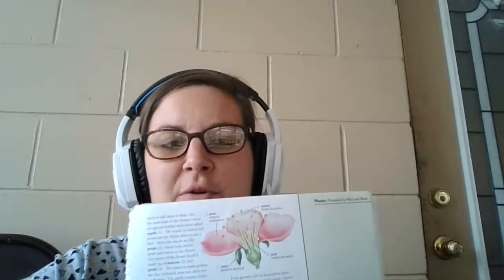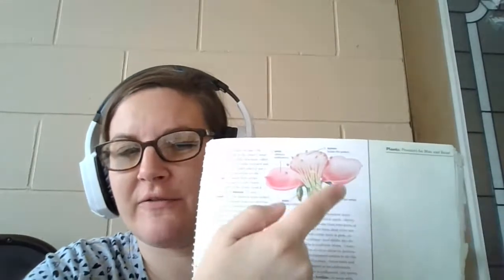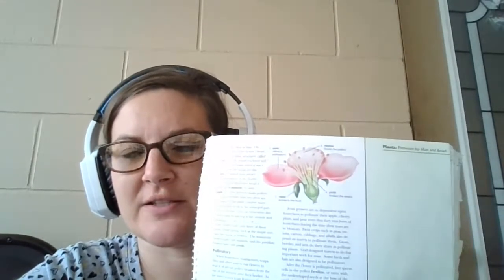The first thing we want to review is in your science book on page 53. You need to know the parts of the flower. If you can remember, back in the classroom, I had a drawing of the flower, kind of like this.